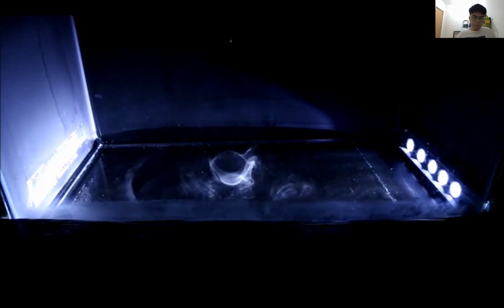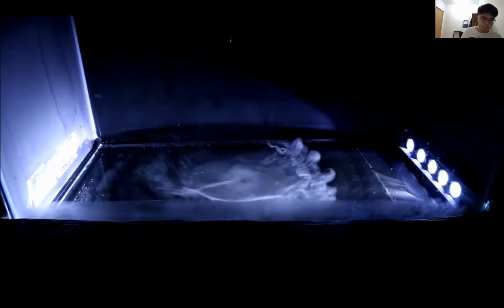Usually what a cloud chamber shows are individual tracks of individual particles. In this case, it's getting hit with millions of electrons all at once. Let's hit it again. And we'll short it out.